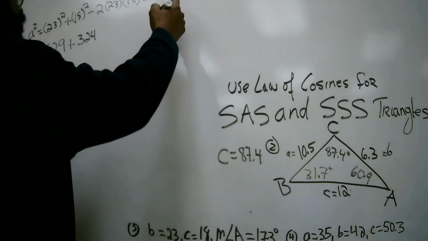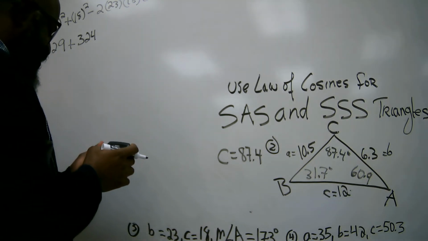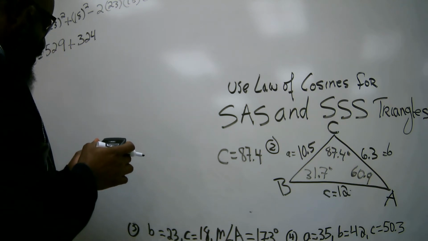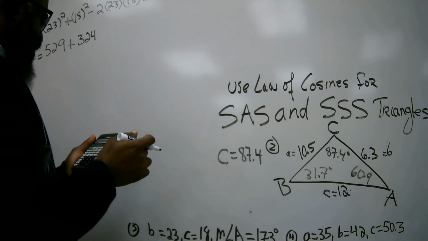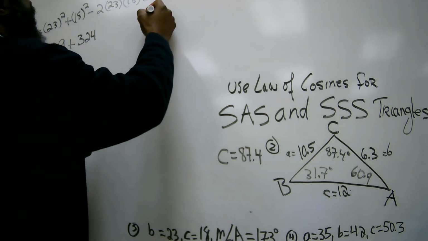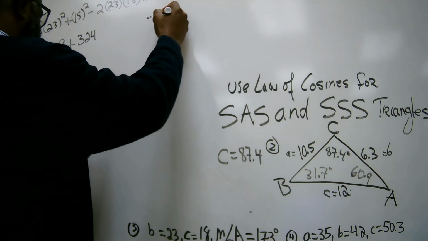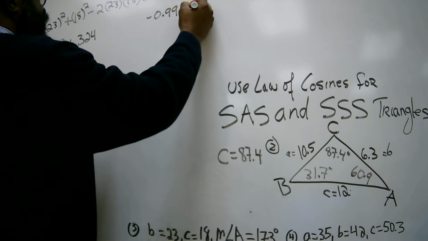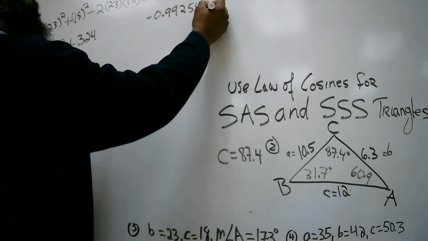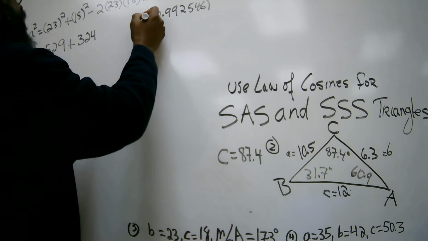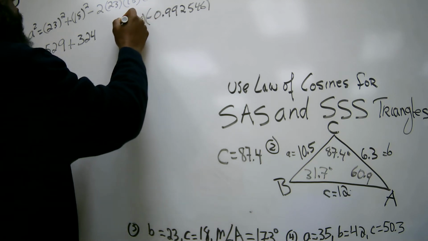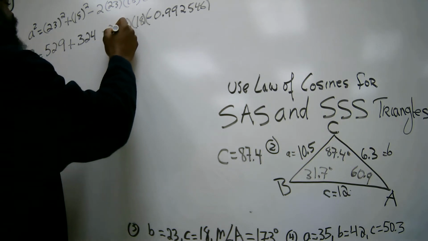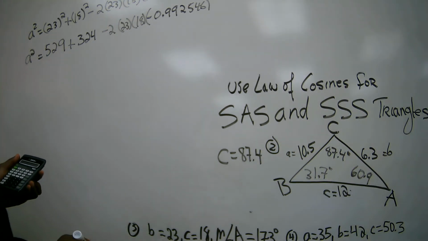Alright, let's see what cosine of 173 degrees is. That's what I'll find first. That's negative 0.992546. Multiply this by 18, by 23, and by negative 2. Everything is multiplication.